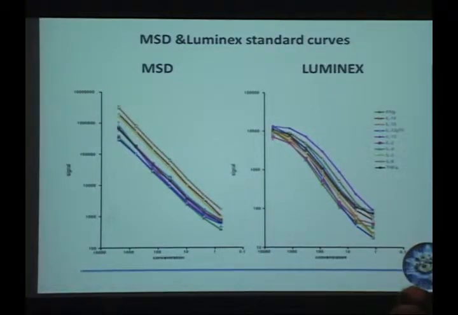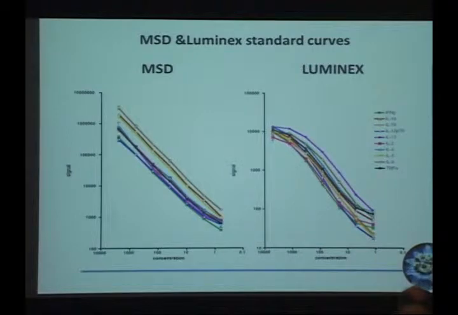etc. One very common way is to include a standard that is serially diluted. A standard would be a known concentration of all the analytes that are included in that assay. Serially dilute those, create a graph like the one depicted here, for both the MSD and the Luminex, and convert the signal that is captured on the instrument into a picogram per mil equivalent.